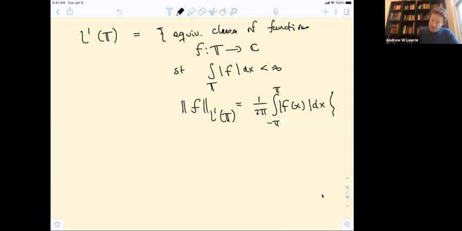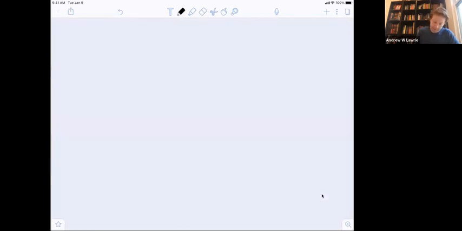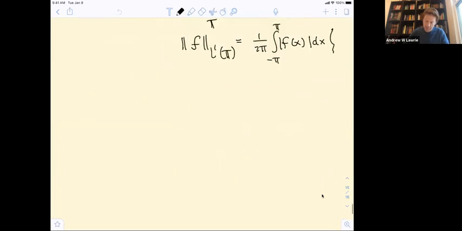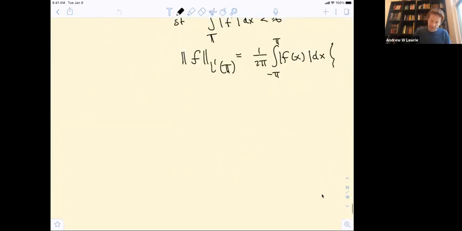And then note that this is the natural class to define, to associate to each such function, a Fourier series.